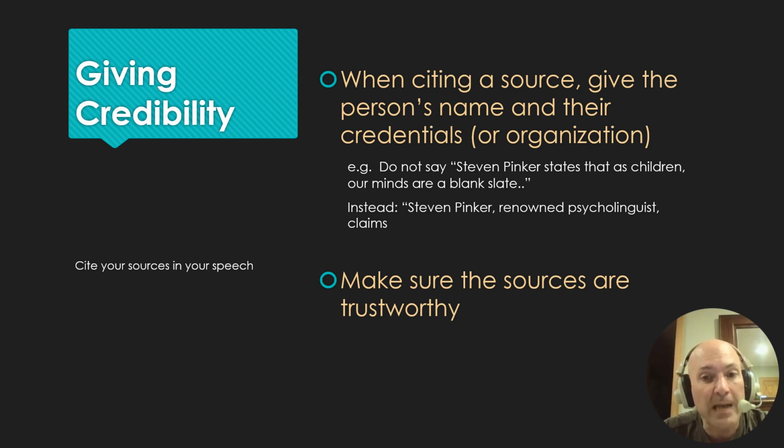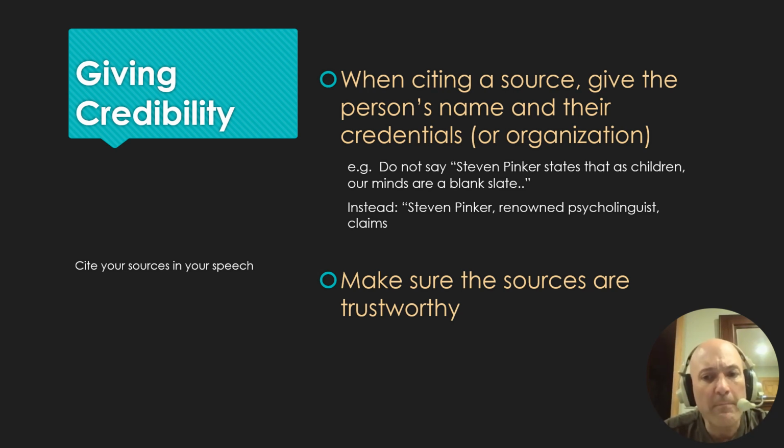So the first example is something like Steven Pinker states that as children, our minds are a blank slate. That's fine, but probably no one knows who Steven Pinker is. So the better way of doing it is Steven Pinker, renowned psychologist, claims that, and then give the information.